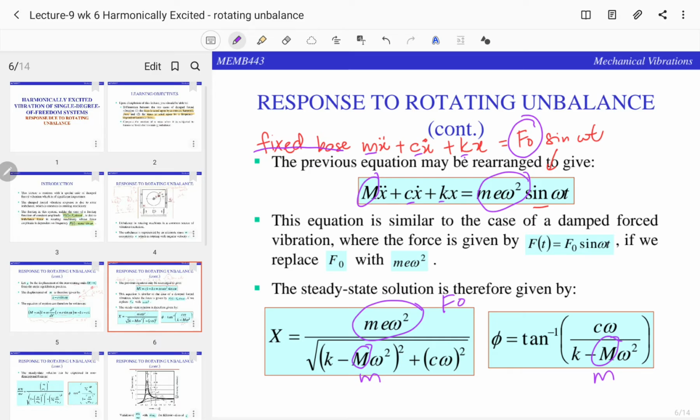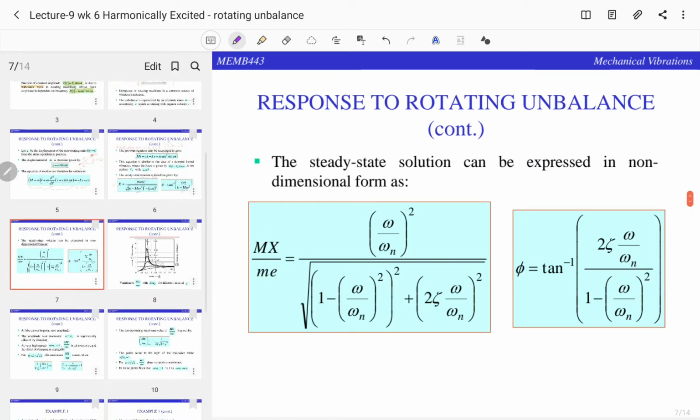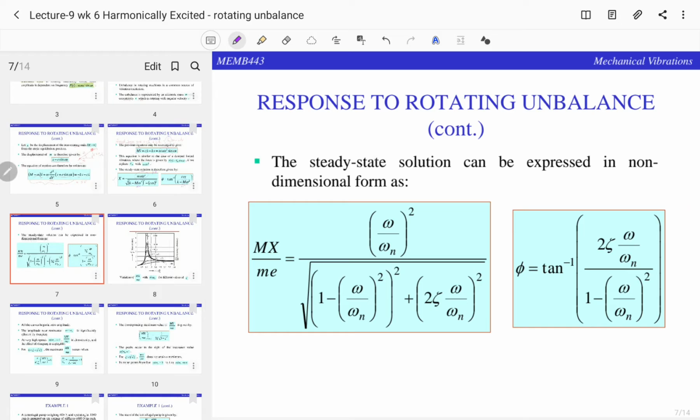So we are actually comparing the fixed base case with the rotating unbalanced case. Hopefully you can understand, the purple color is basically the variable that we use in the fixed base case.